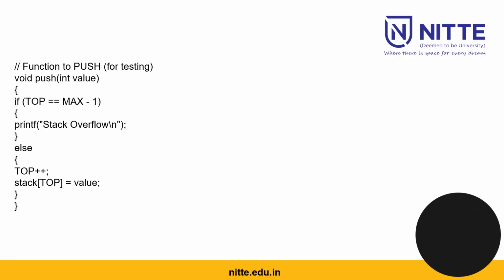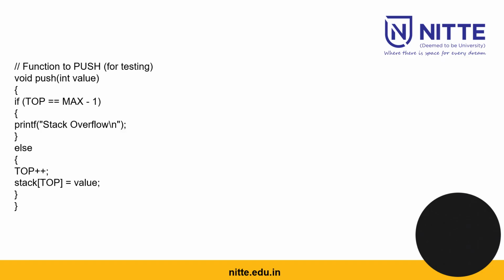And then it will come to the else part. That means if this if condition is not true, there are still some positions left in the stack to push elements.